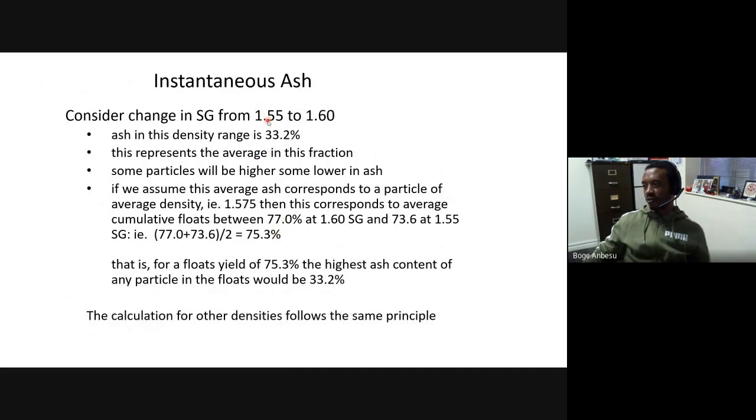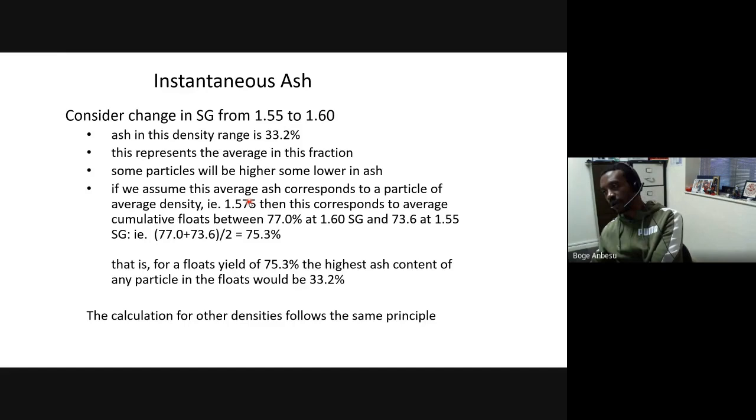And for 1.55 and 1.60, we can work out the average specific gravity to be 1.575. And this is the average of the density of particles in this range. Okay, so for this average density, we can then work out the expected floats.